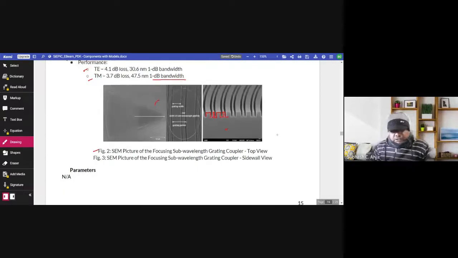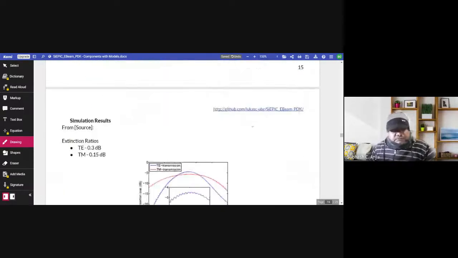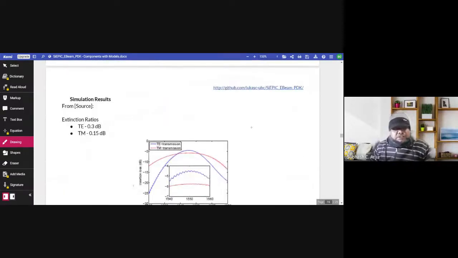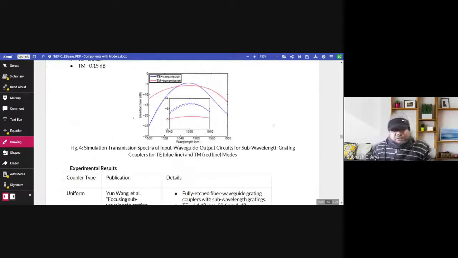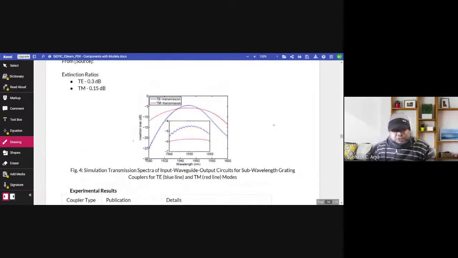So now, the extinction ratio here for TE mode is 0.3 dB, for TM mode 0.15 dB. This is insertion loss versus wavelength. The transmission for TE mode is the blue one, and the red one is the TM mode.